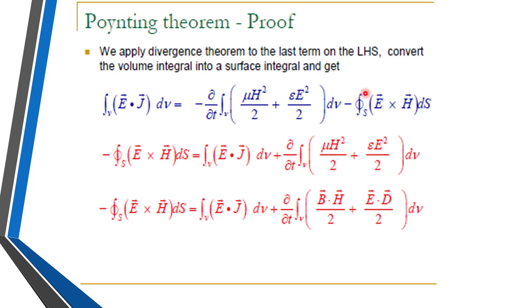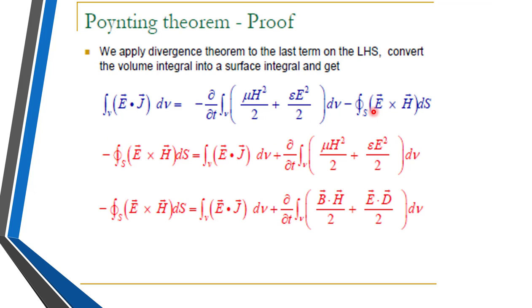Only for the last term have we replaced volume integration with surface integration. Now what we want is E bar cross H bar over the surface area, right? So we'll keep this with the minus sign, and put all the other things on the left hand side.